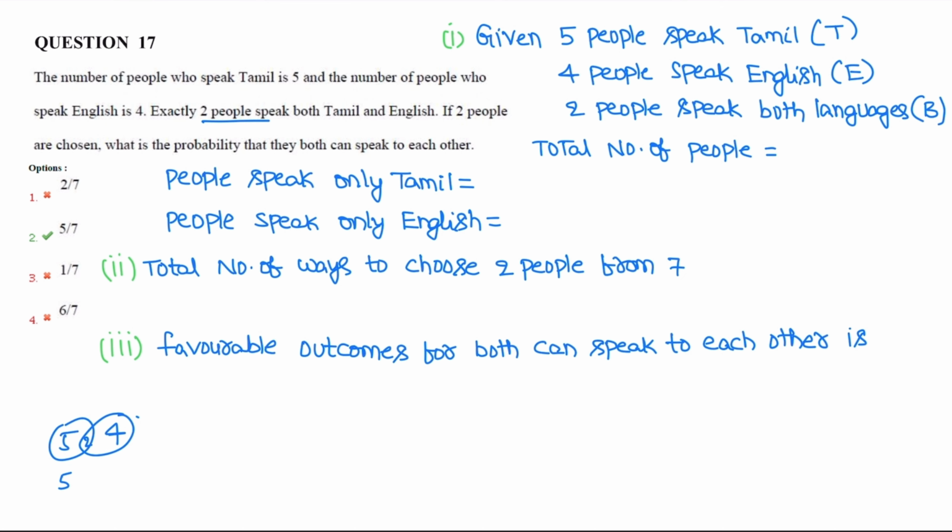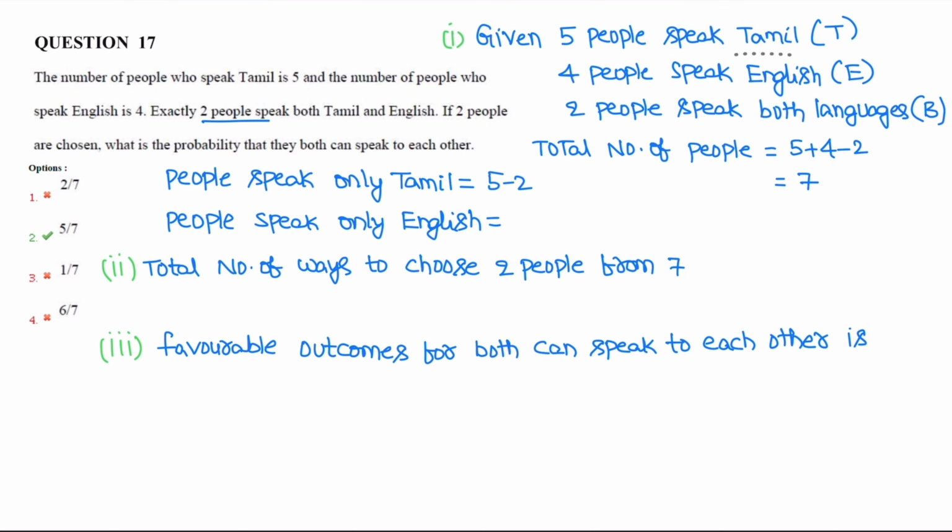Now the total number of people is 5 plus 4 minus 2, that is 7. A union B is probability of A plus probability of B minus probability of A intersection B, using the formula. Total number of people is 7. Now the people who speak only Tamil is 5 minus 2.